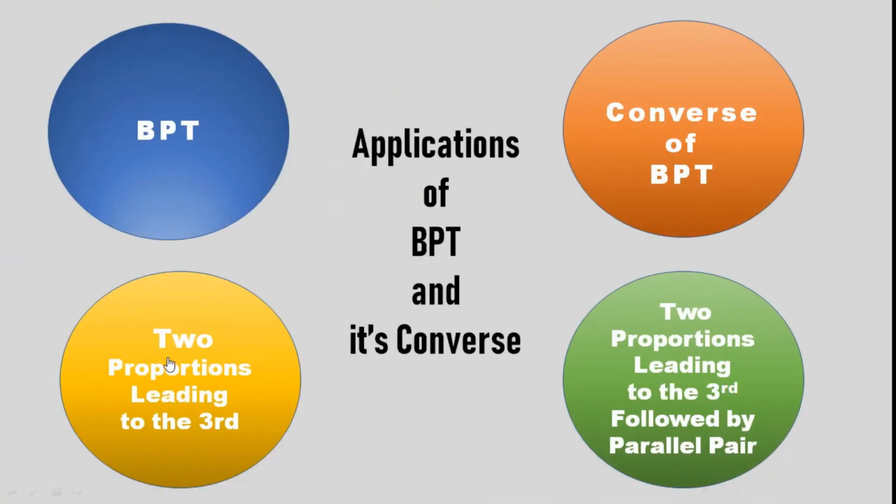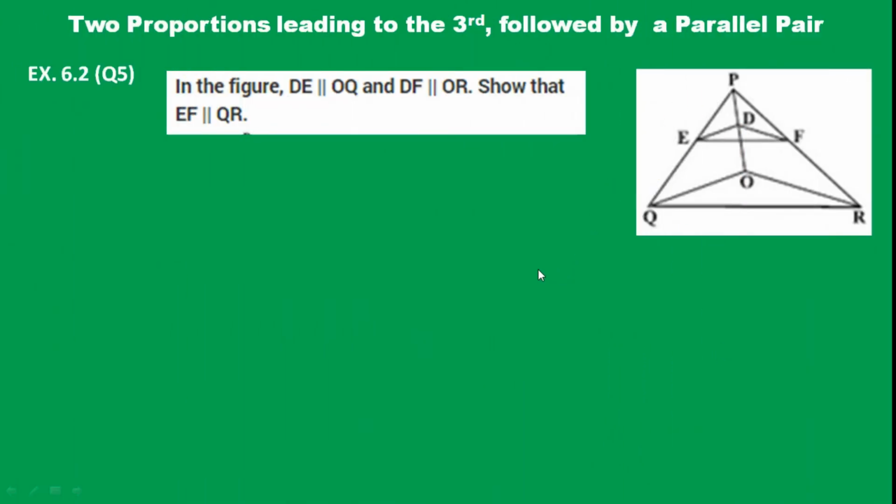After having covered this, now we are going a step further where we are going to apply the converse of BPT to this problem. We have multiple triangles in this particular problem, and again we are given that there are two different pairs of parallel lines.